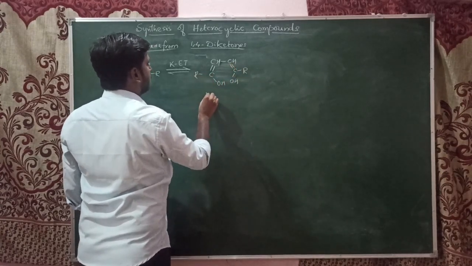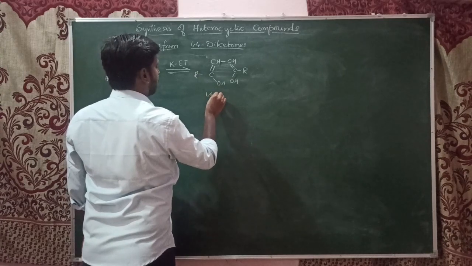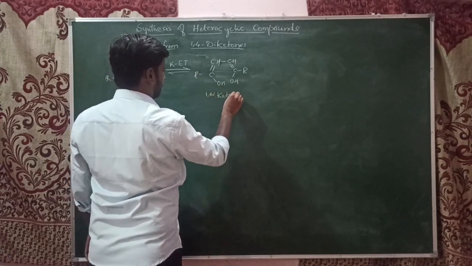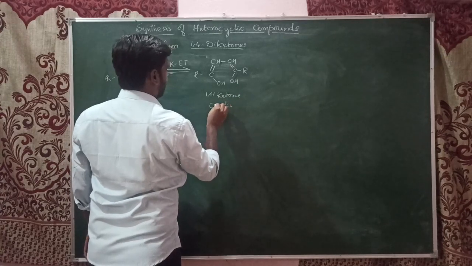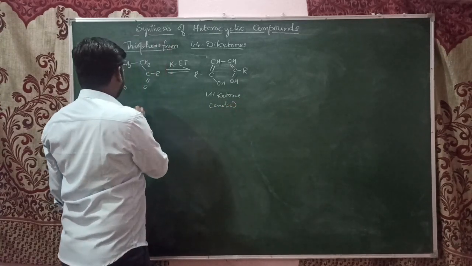This is the 1,4-diketone in its enolic form. This is in ketonic form.